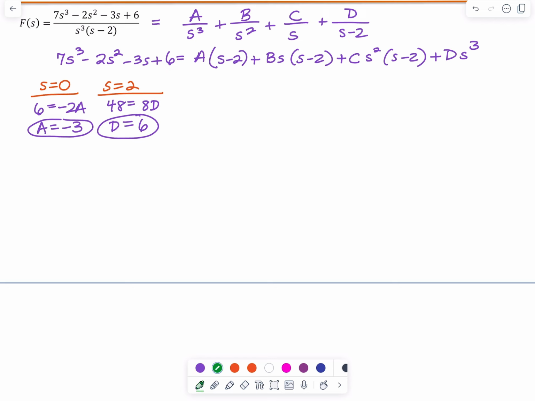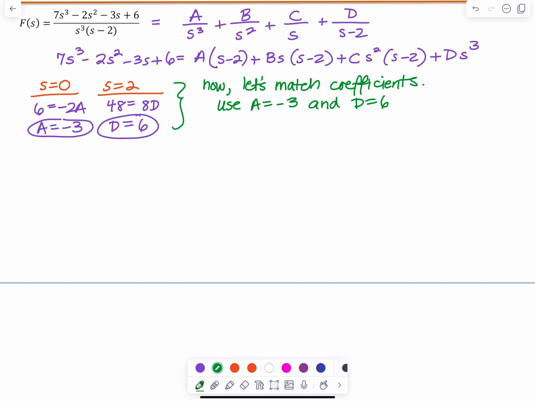Here, let's try doing something. Let's match coefficients. We will plug our d and our a in, so we will use a equal to negative 3 and d equal to 6 to write this.